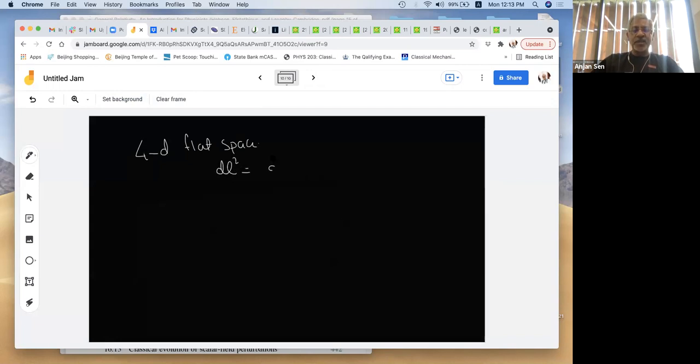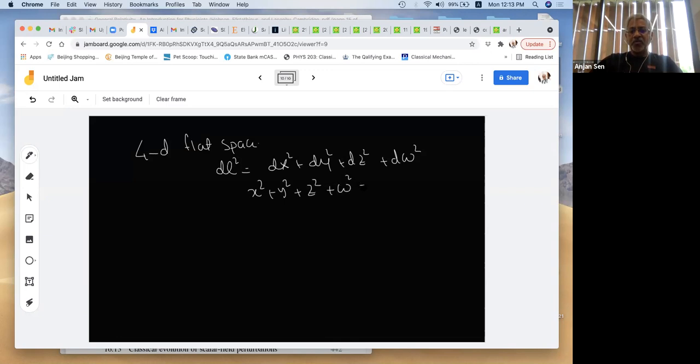This is basically dx square, dy square, dz square plus dw square. So this is a 4-dimensional flat Euclidean space. And let's say I put a 3-sphere in, so the constraint on the 3 sphere will be what? x square plus y square plus z square plus w square equal to 1. Fine.